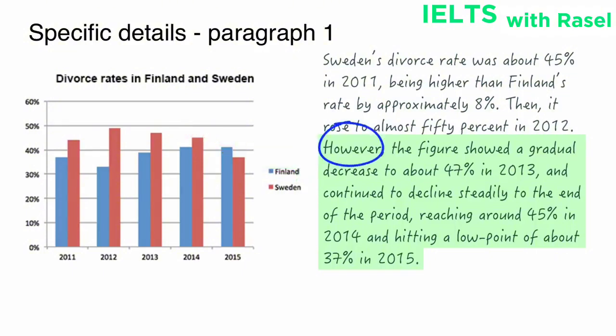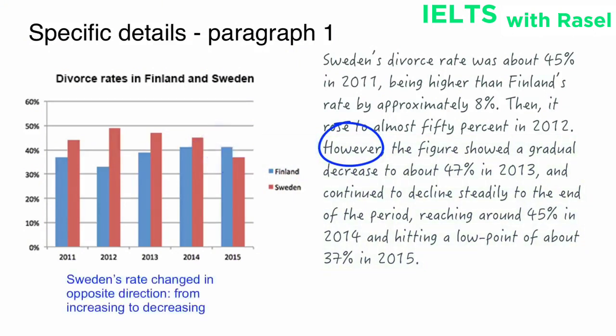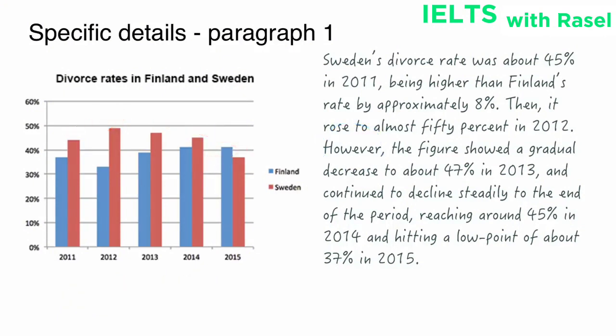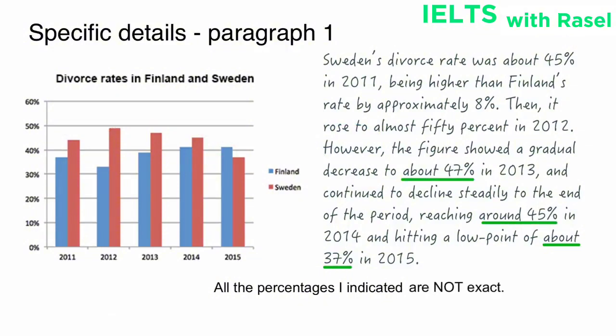The linking word however is used to emphasize that the rate changed in the opposite direction, from increasing to decreasing. Also you can see that percentages are not exact, so I used words around and about.